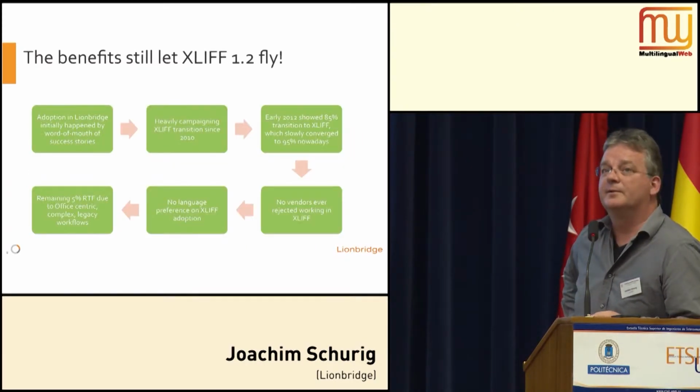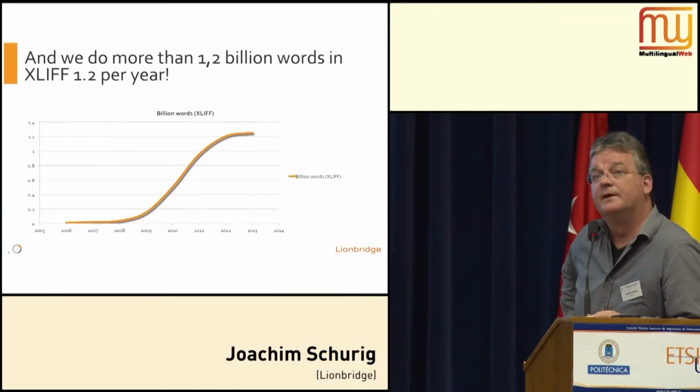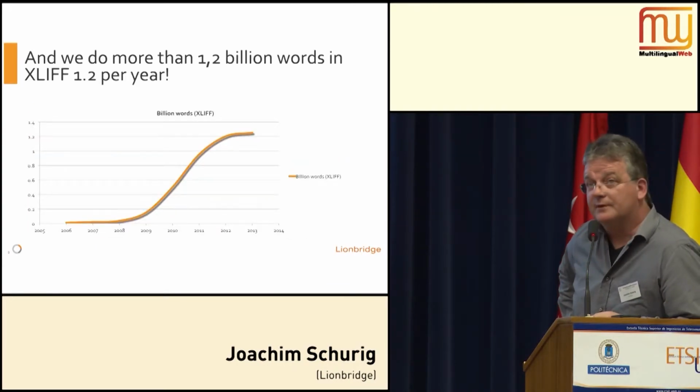These benefits, particularly those I listed before, still let XLIFF 1.2 fly. Today we translate annually more than 1.2 billion words in XLIFF. I checked the current figures a week ago, and it looks as if it's going to be 1.4 billion this year.